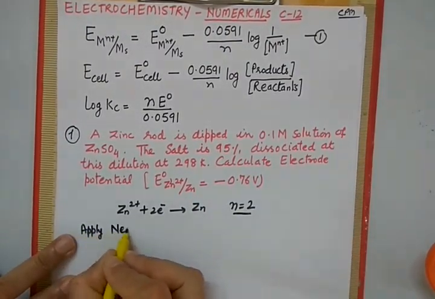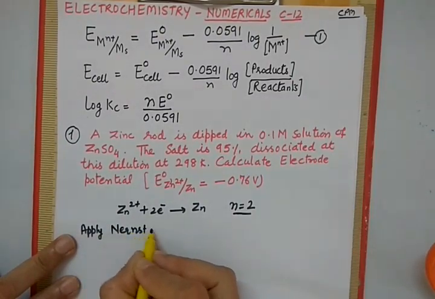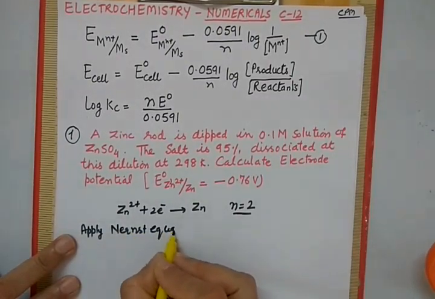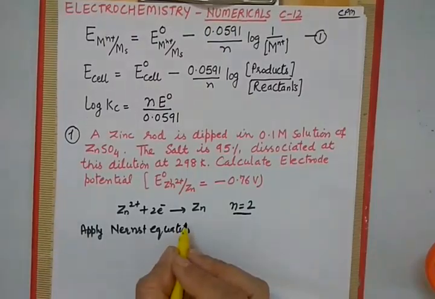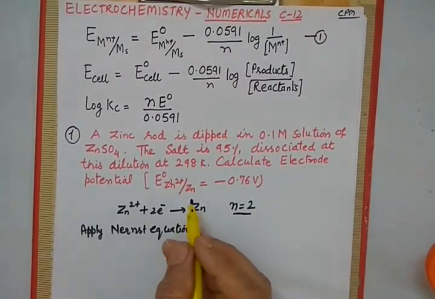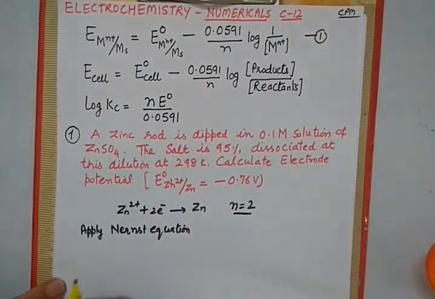Apply the Nernst equation. As it is a single electrode, we will apply equation number 1.